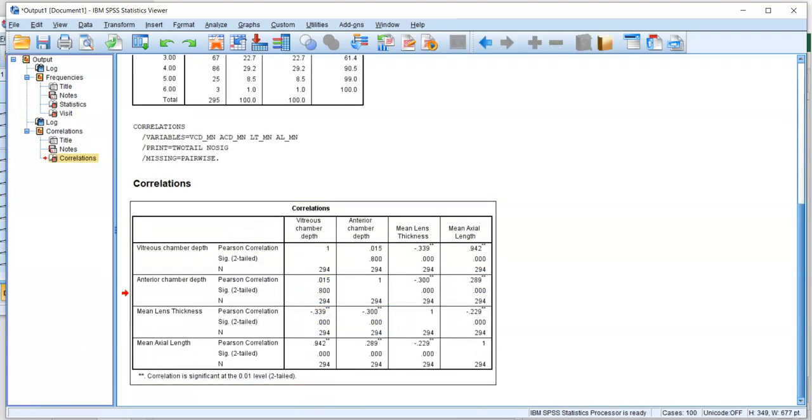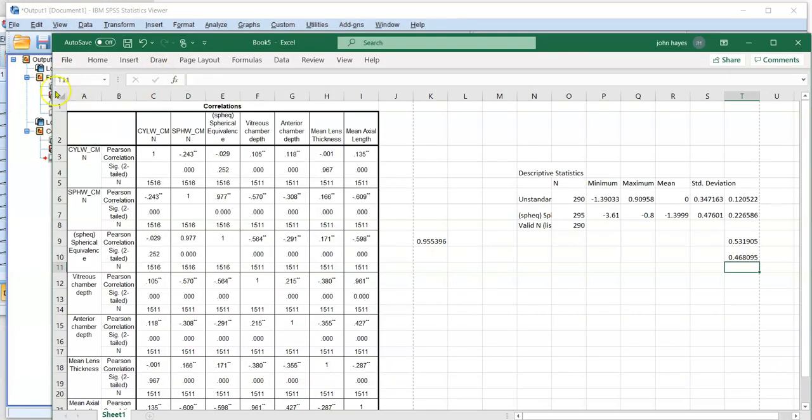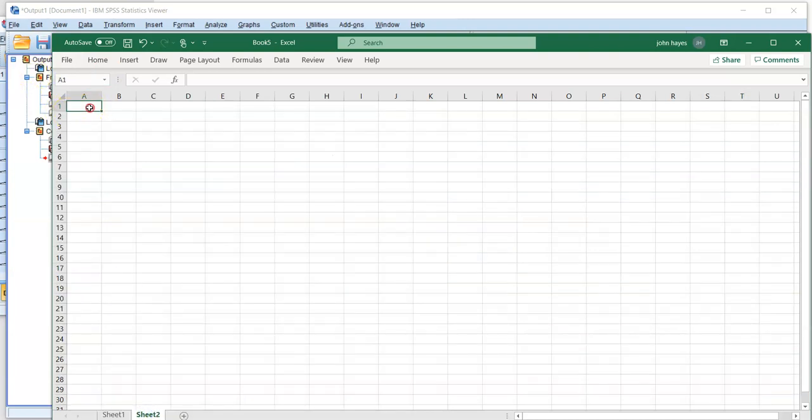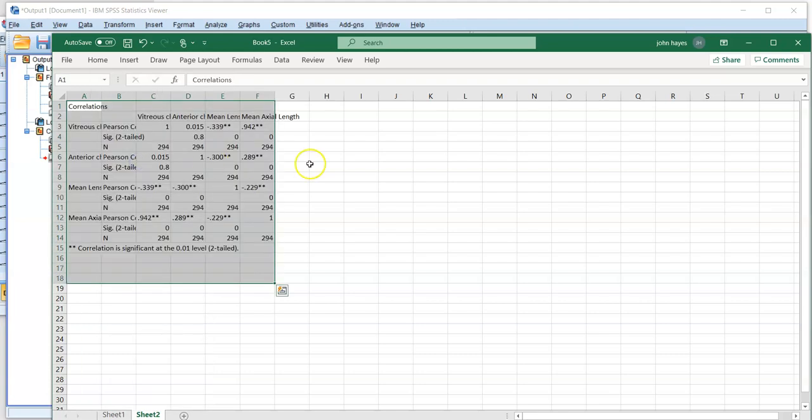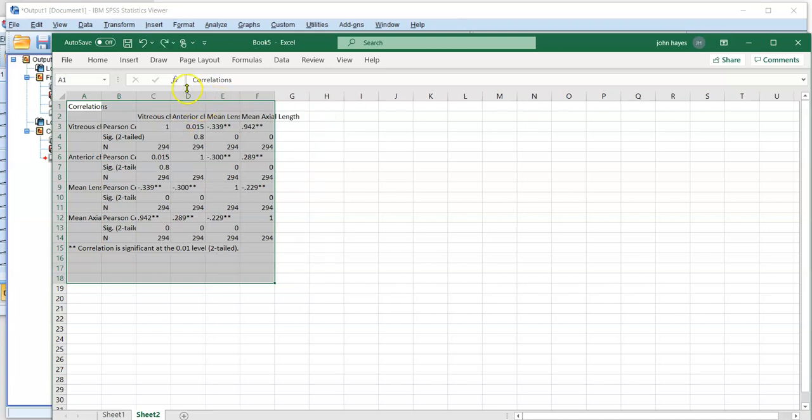Copy this and paste, paste, and what it asks for is what proportion of mean axial length is accounted for by VCD.